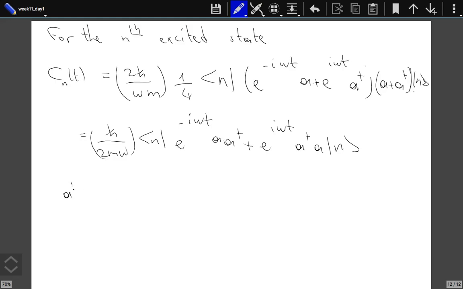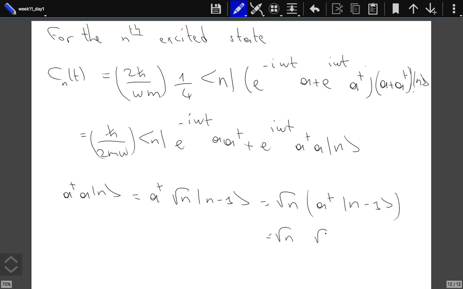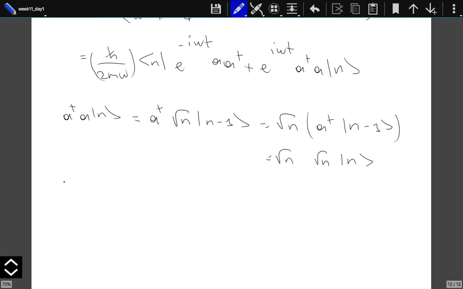Well, let's see. A dagger a acting on n is a dagger times square root of n acting on the ket n minus 1. This is square root of n, a dagger acting on the ket n minus 1. But that is also square root of n times the ket n. So a dagger a acting on the ket n is nothing but n times the ket n.